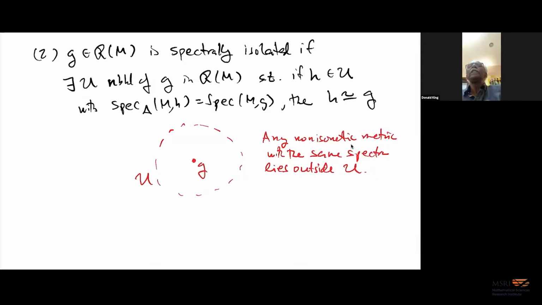We also want to know the extent to which knowing the set of eigenvalues picks out G in a very precise way.